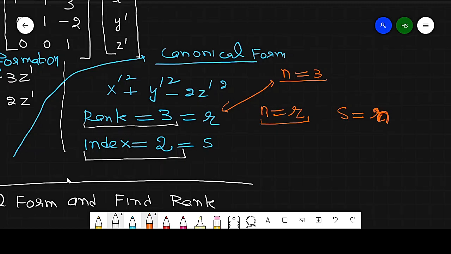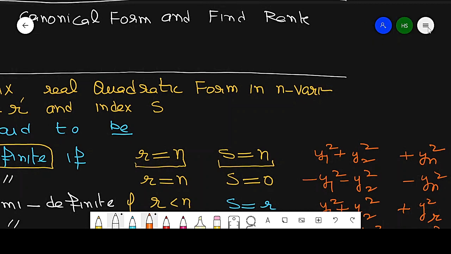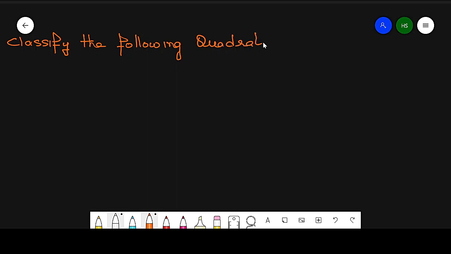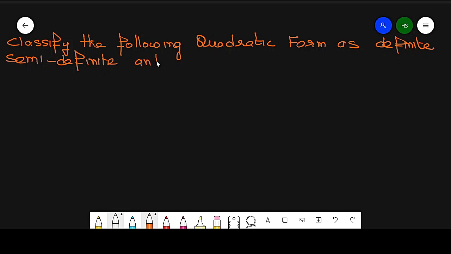The statement of such a question is: classify the following quadratic form as definite, semi-definite, and indefinite. I repeat once again, classify the following quadratic form as definite, semi-definite, and indefinite. So these are 3 cases.